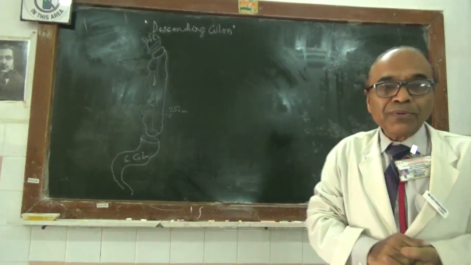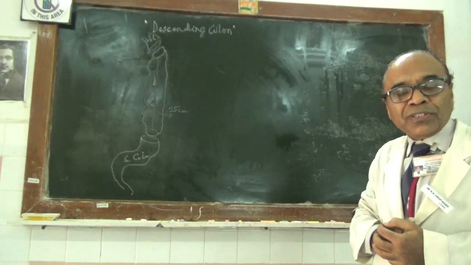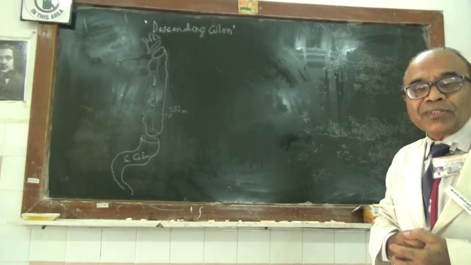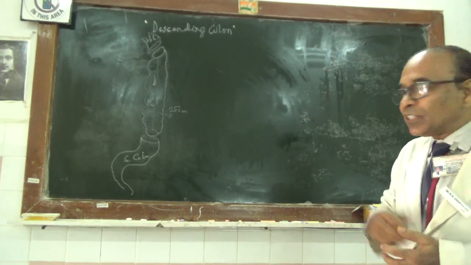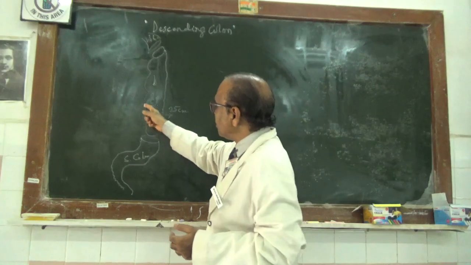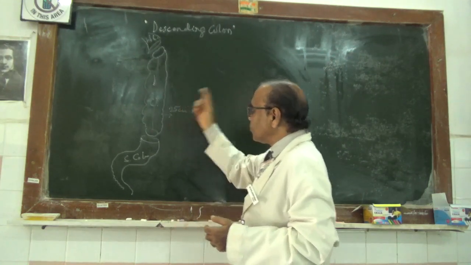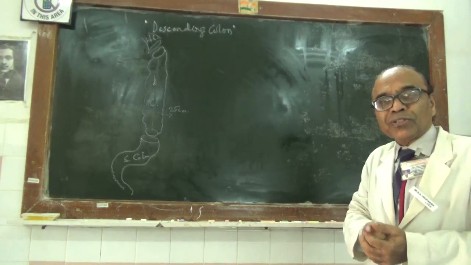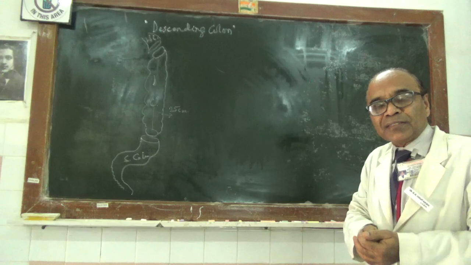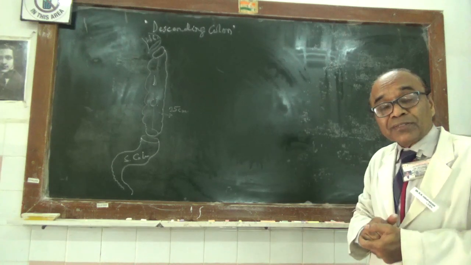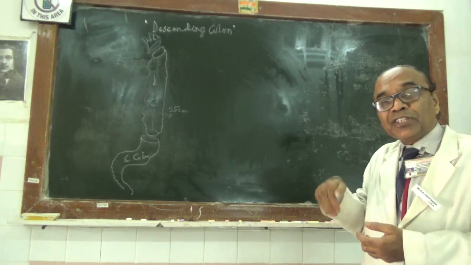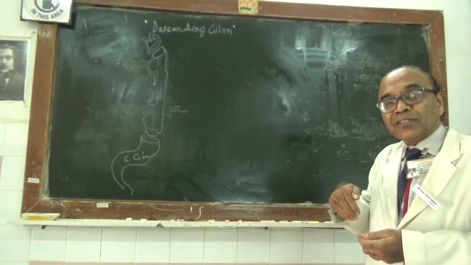It traverses about 25 centimeters, having all the characters of the large intestine, such as sacculations. Sacculations are nothing but the puckered parts of the external aspect of the descending colon, the same as the entire other part of the large intestine. This is nothing but the circular muscle fibers which are internal in the muscular layer.